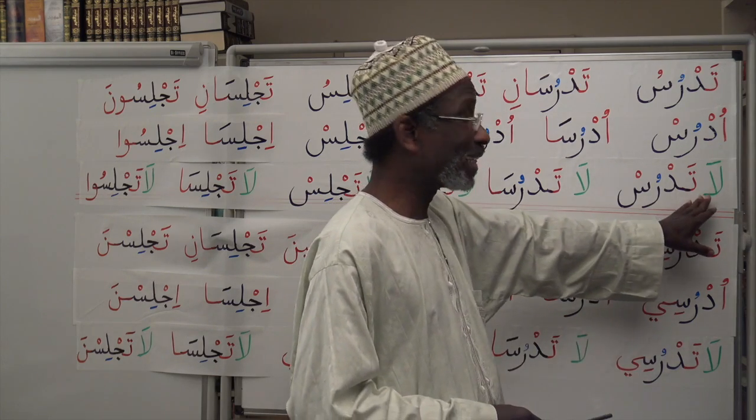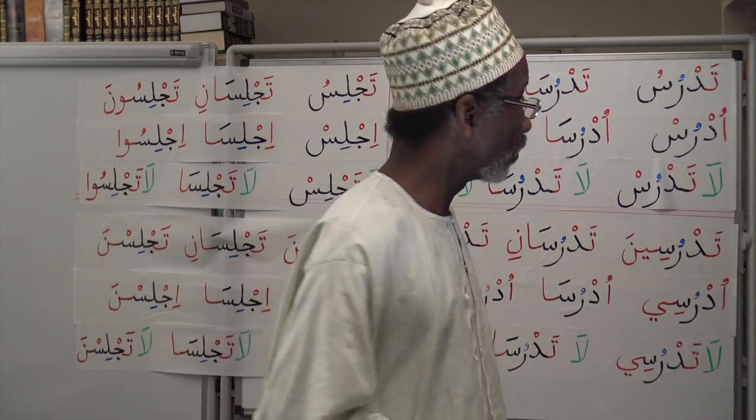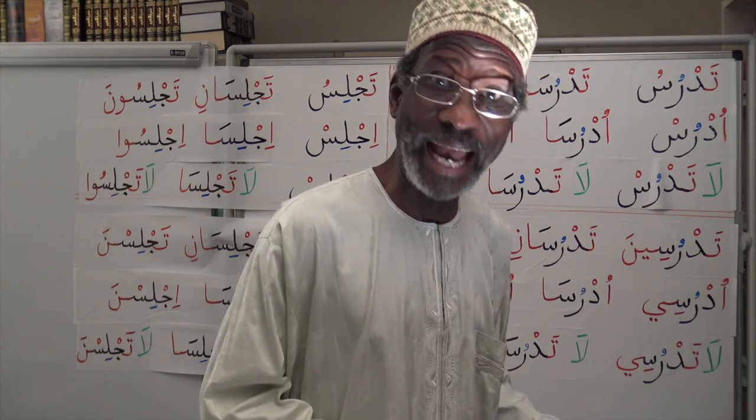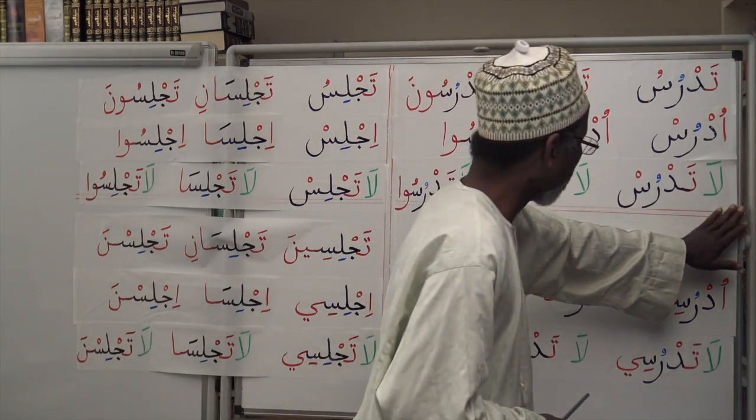Once you've established the differences between the two, it becomes much easier because the ending is the same. So, in the imperative, we remove the prefix and replace it with alif. In the negative imperative, we start with the la of prohibition and we retain the prefix of the present tense.